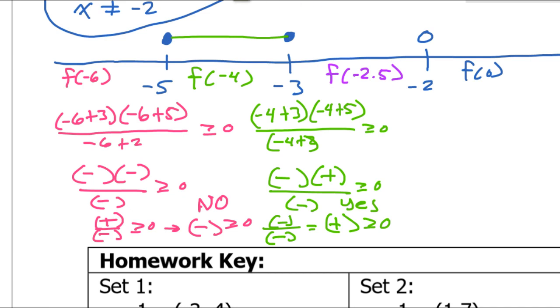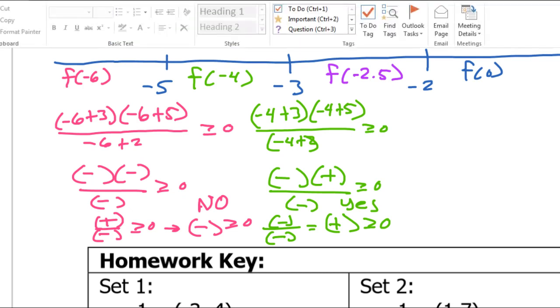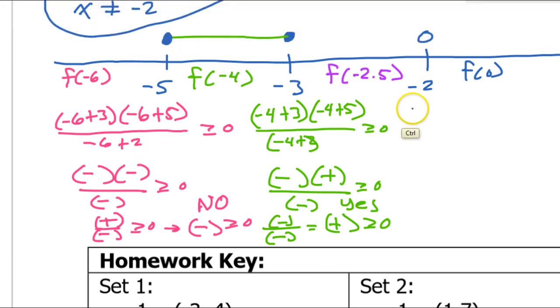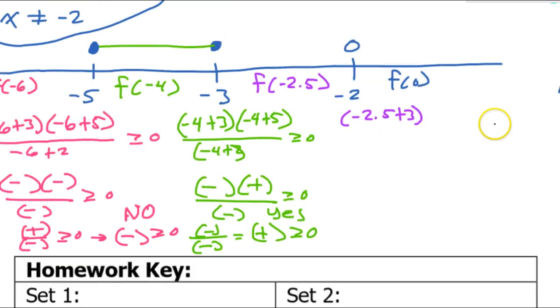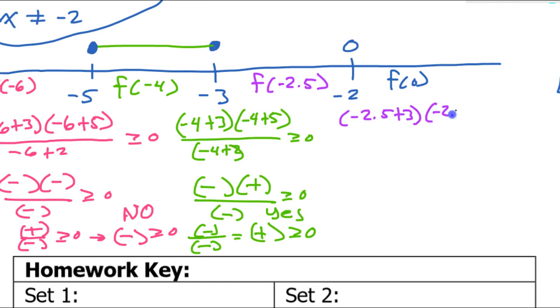Now I need to check negative 2.5. So that'll be negative 2.5 plus 3, negative 2.5 plus 5, and negative 2.5 plus 2.